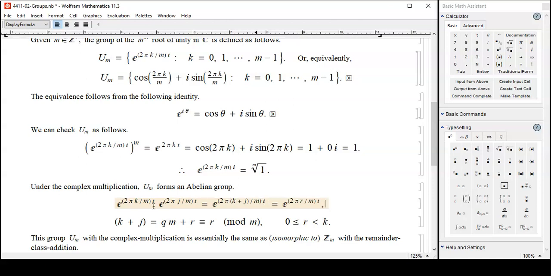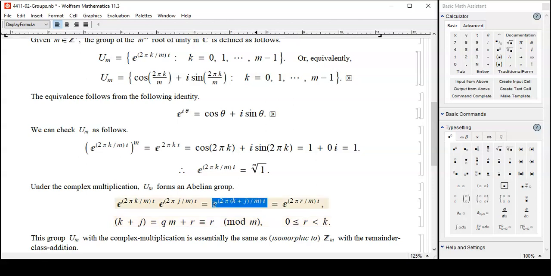And when you add up the powers, we have the same denominator. So basically, we're adding up the numerators. But then again, if you add up the numerators, what happens? This k plus j can be rewritten according to the division algorithm, some qm plus r, where q is a certain quotient.